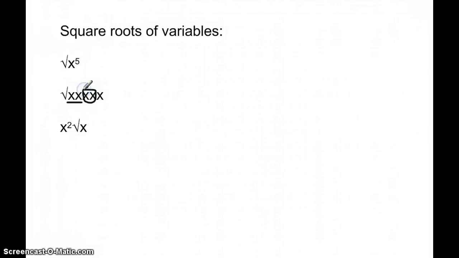So I have 2 pairs of x's. That means 2 x's can come out of the square root. So therefore we have x times x, which is x squared out front. I still have this leftover x that does not have a pair, so therefore it's left on the inside. So I'm left with an answer of x squared times the square root of x.